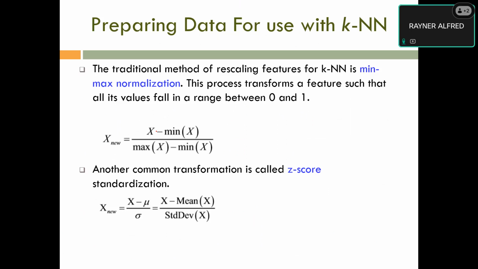So that's why we need to normalize them. The first one is based on min max, and the second one is based on the mean or standard deviation. In all cases, when we want to use KNN, we need to normalize them.